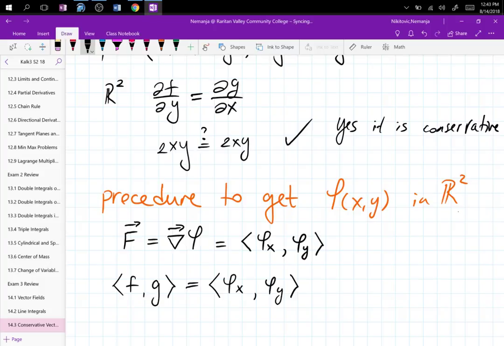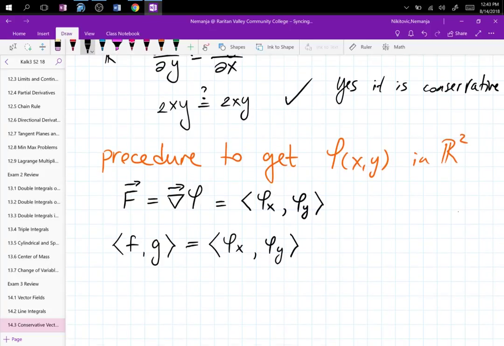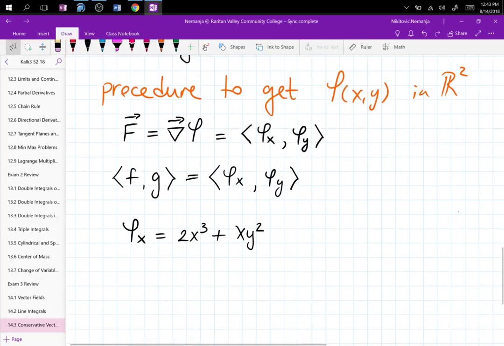So it's very quick to see that your partial derivative of what you are looking for, therefore, hello differential equations, your partial derivative in respect to x is equal to f. And f in this problem is given as 2x cubed plus xy squared. So this over here is a partial differential equation.